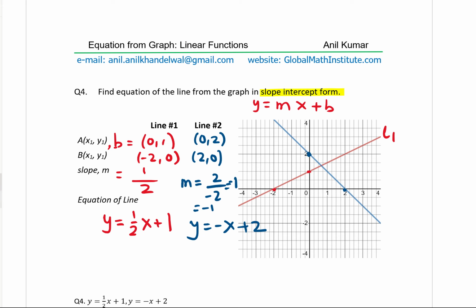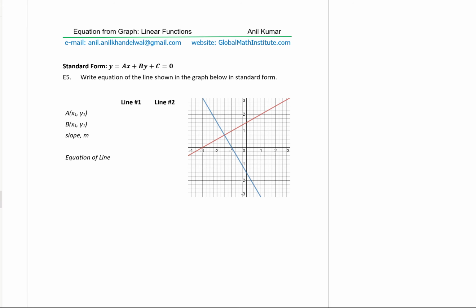Let's move on and take up the next example, where the question now is standard form, ax plus by plus c equals 0. The question is, write the equation of the line shown in the graph below in standard form. So you have to write the equation in standard form this time. Okay, the process is the same.